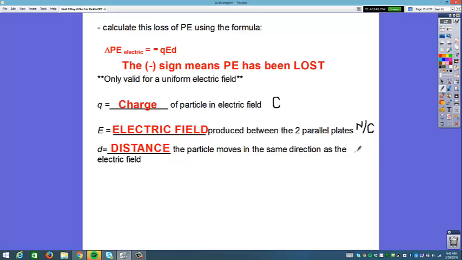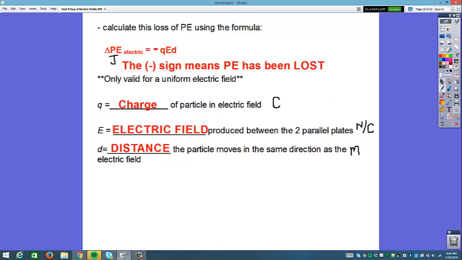And then D is your distance, how far that charged particle is moving, measured in meters. And then your potential energy is again measured in joules.